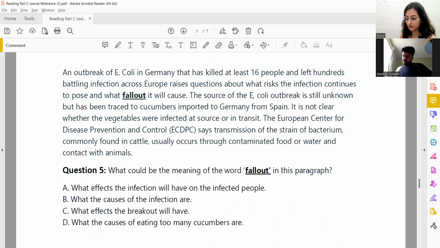The next one: what could be the meaning of "fallout" in this paragraph? The passage says: an outbreak of E. coli in Germany that has killed at least 16 people, left 100 battling infection across Europe, raising the question about what risk the infection continues to pose and what fallout it will cause.